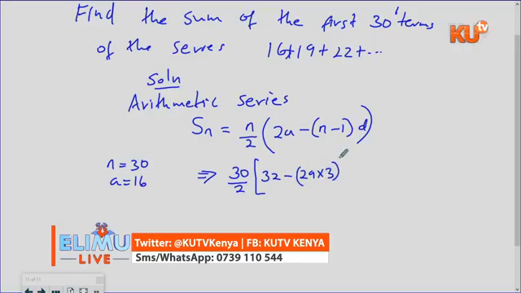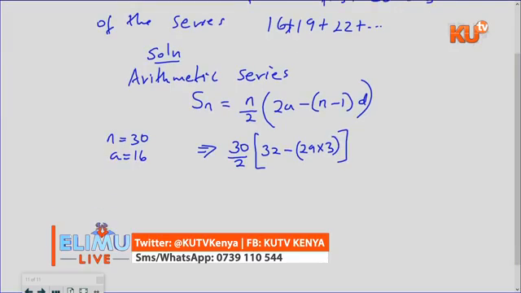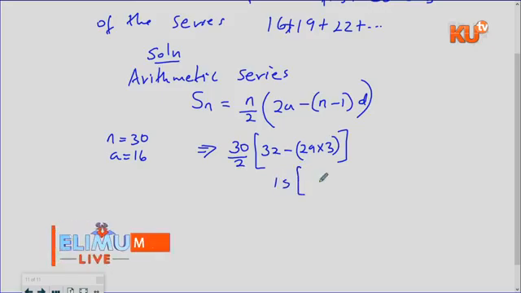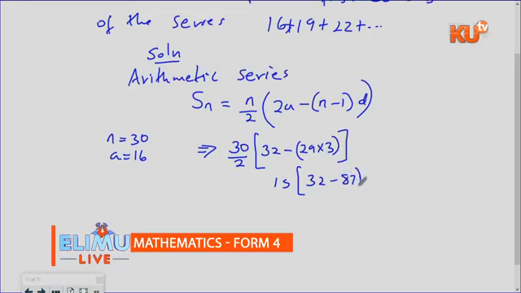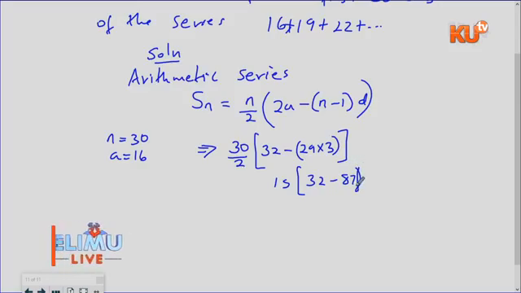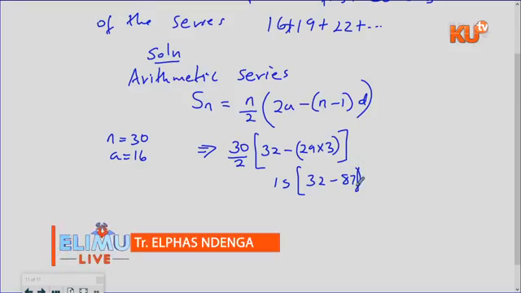So students, replace this in your calculators, then let's have our solution. That is 30 divided by 2, we have 15 into 32 plus, if you take 29 times 3, that should give you 87. Yes, 87. Someone kindly check this.